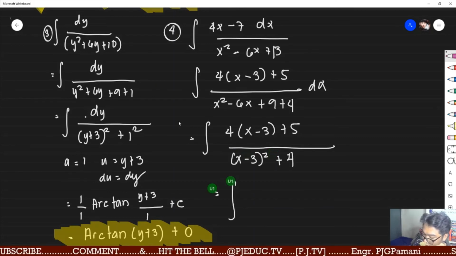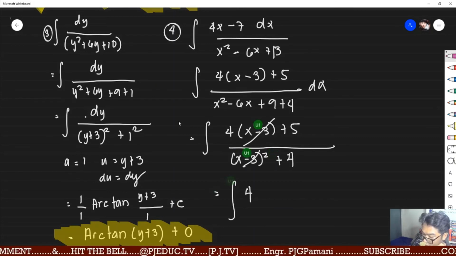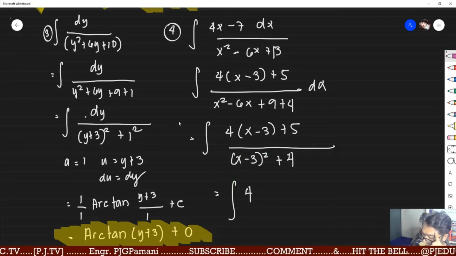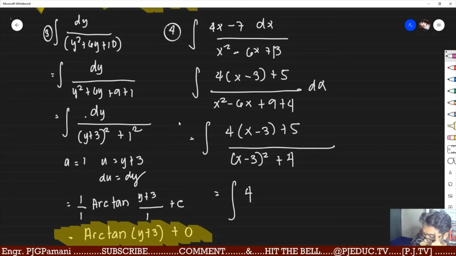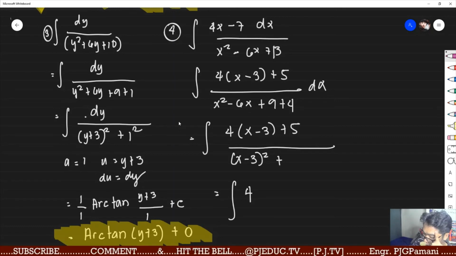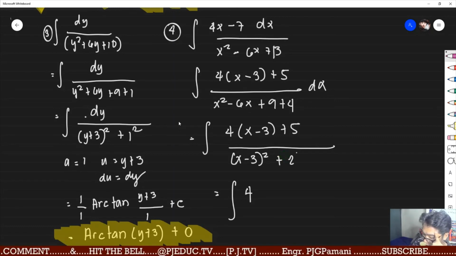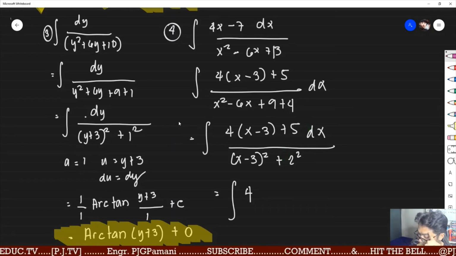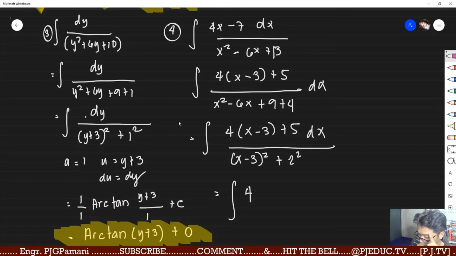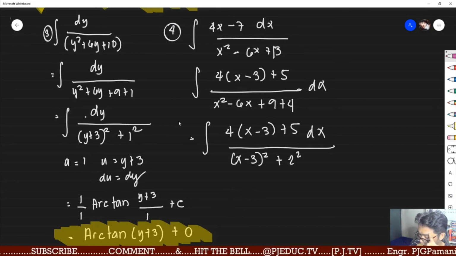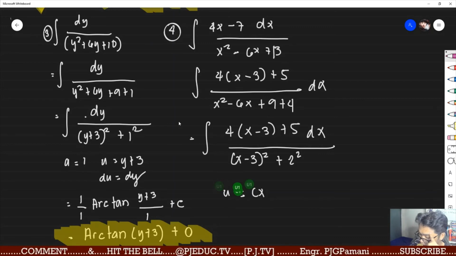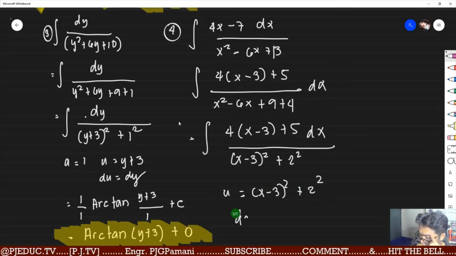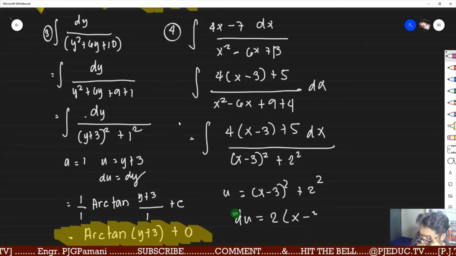Pwede pala yun. Which is also equal to 2 squared. Diba? Dx. Factor natin. U is x minus 3 squared plus 2 squared, which is also the same differential of 2x minus 3 dx.